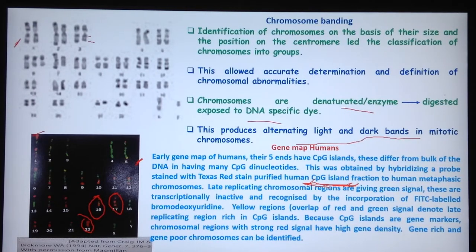There are few chromosomes which are very rich in genes, and there are few chromosomes which have very few genes in them. So in this you can see the fluorescent signal helps us come up with the number of genes which are present on the chromosome. So this was the human gene map.